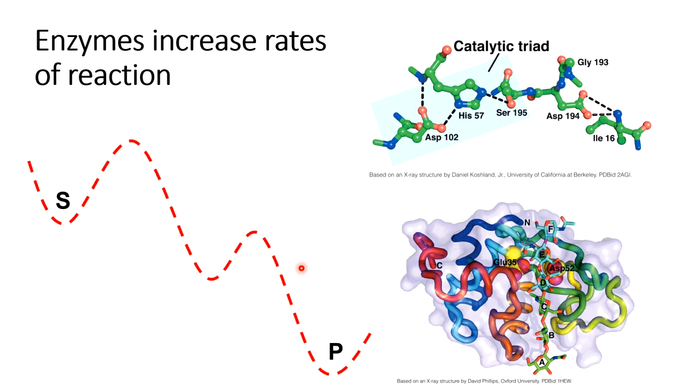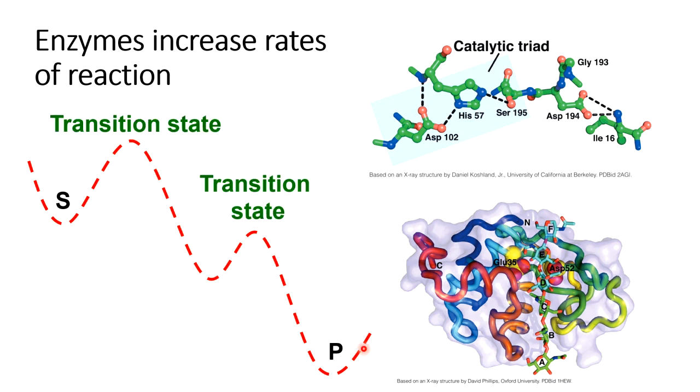Okay, so let's take a closer look at this. Again, here's our potential well for reactant S and our potential well for product P. Notice again, we now have two transition states. We have a transition state after the potential well for S, and then a second transition state after this second potential well, which we call an intermediate.